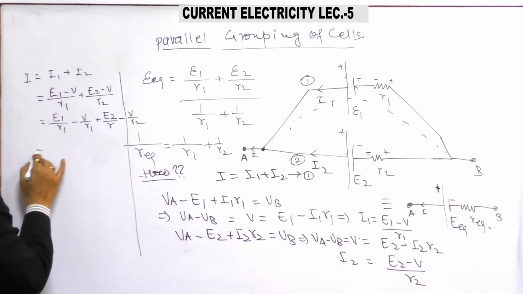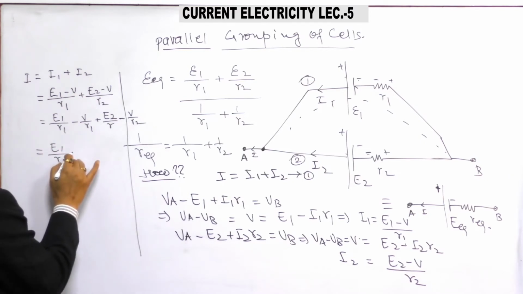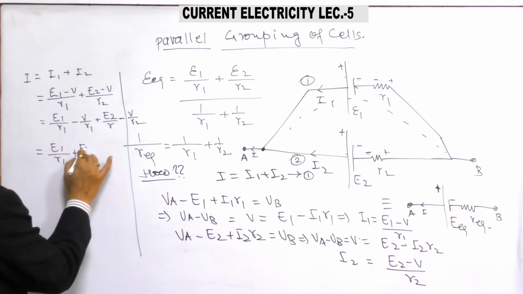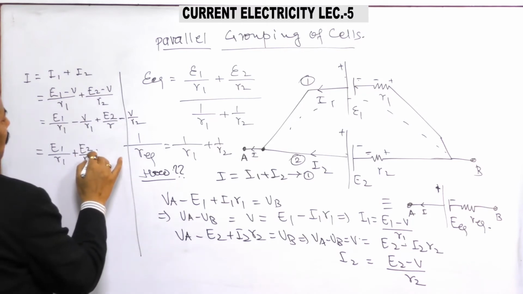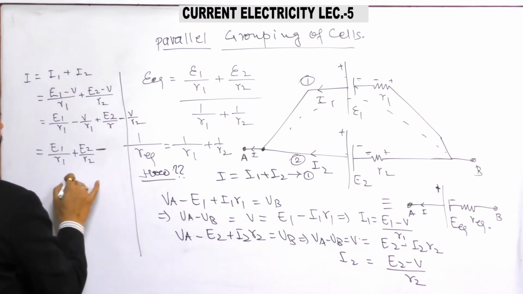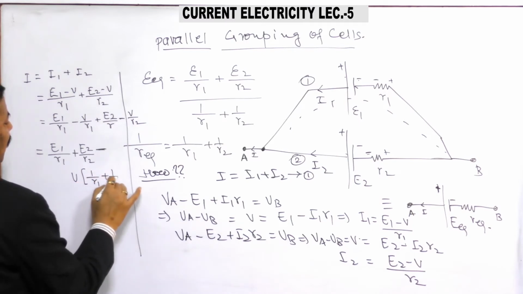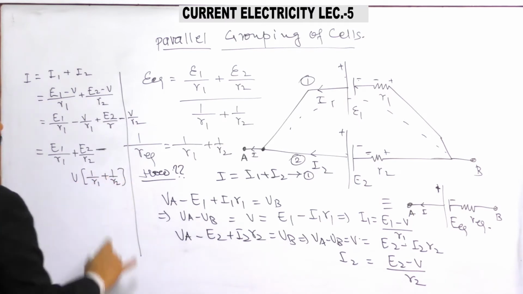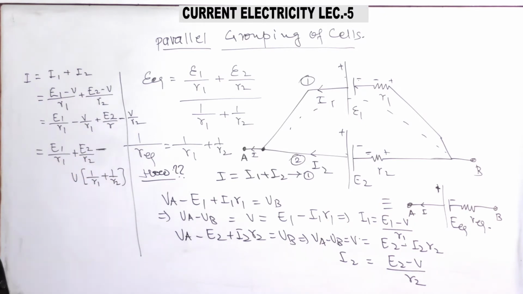So this is giving you E1 by R1 plus E2 by R2 minus V into 1 by R1 plus 1 by R2.